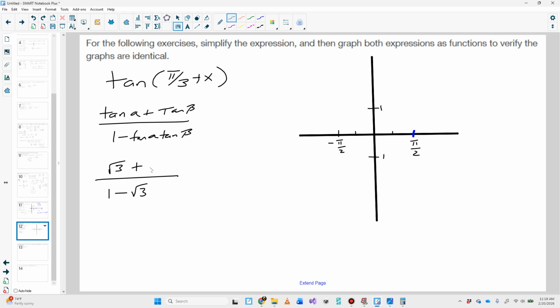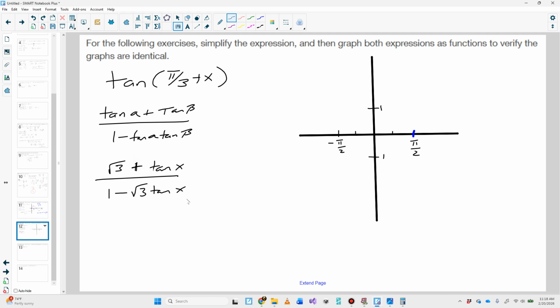I don't know what that is, so I'm just going to have to write tan x. And this is going to have to be times tan x. And there really doesn't seem to be any way of simplifying that any further. I could use maybe some fraction rules, but this is a pretty tough graph to deal with.